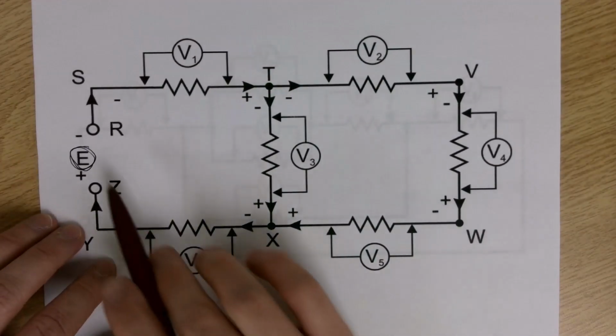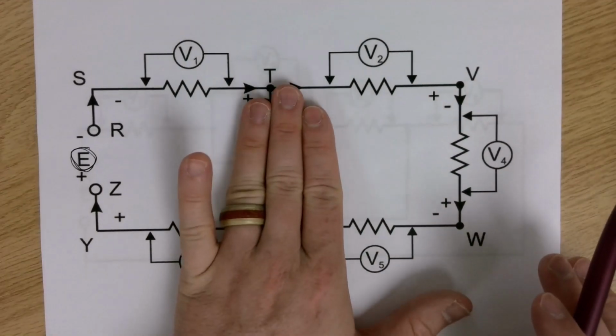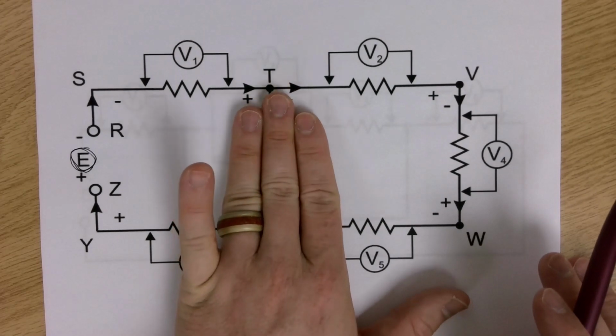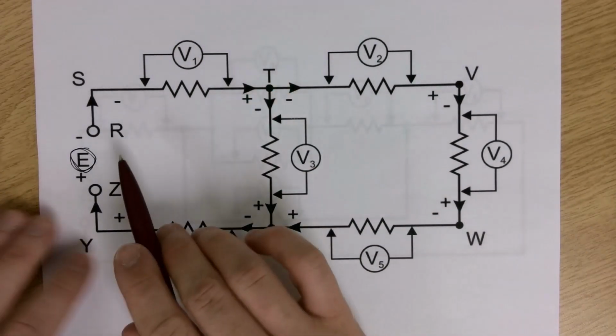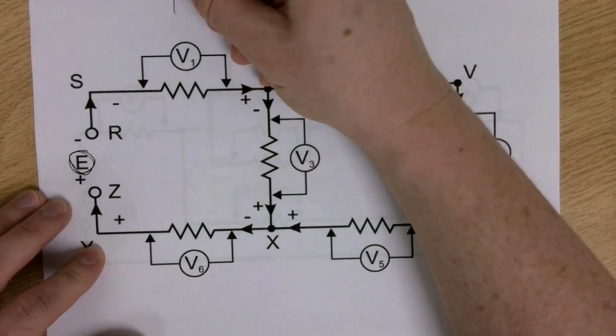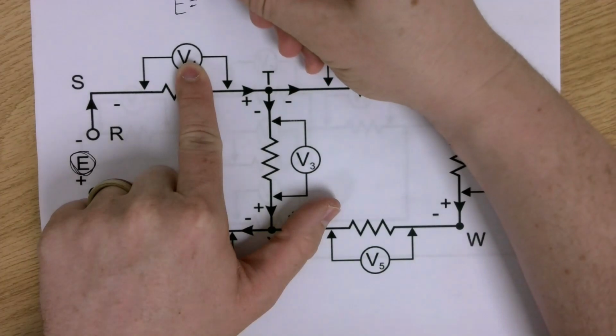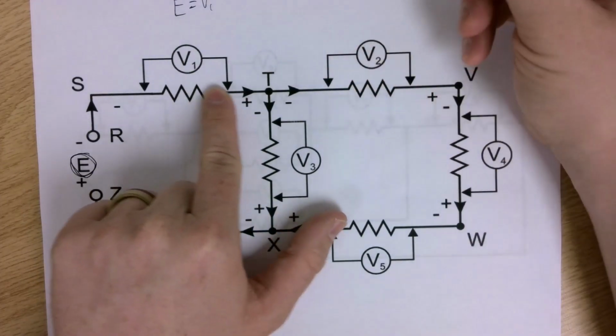And so if I think of it like a series circuit, and I forget about this guy in the middle right now, then my E is going to be equal to V1, and then I'm going to carry on.